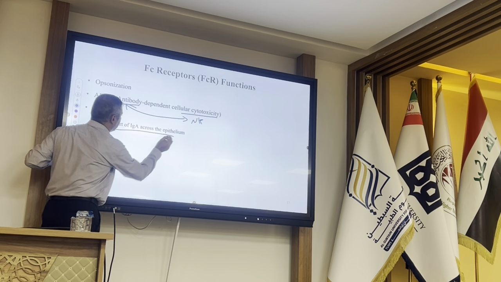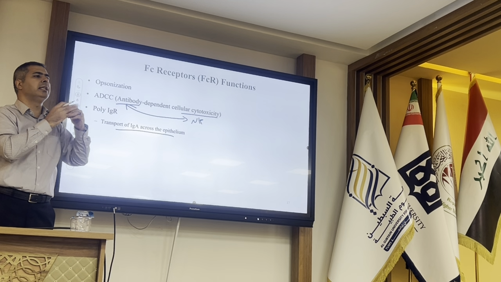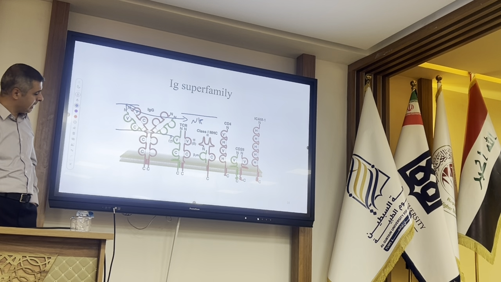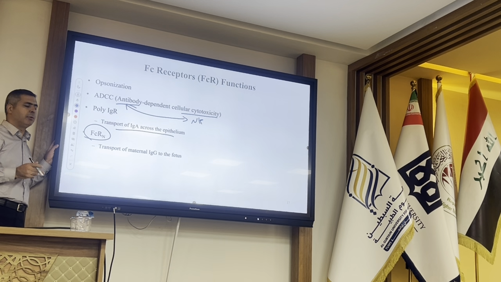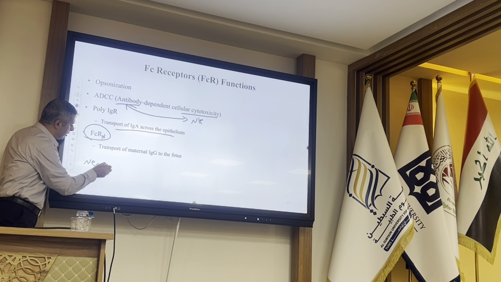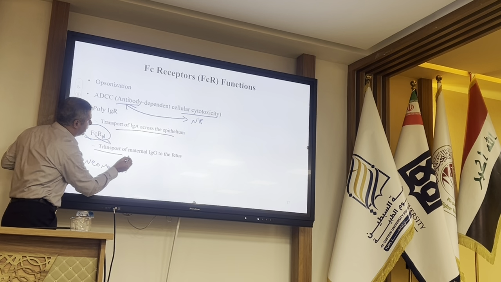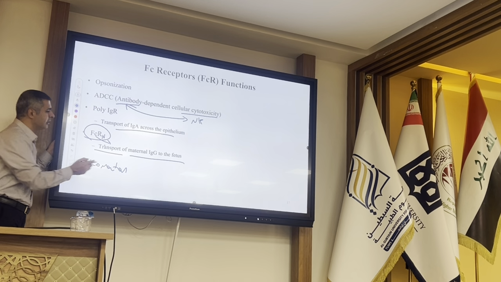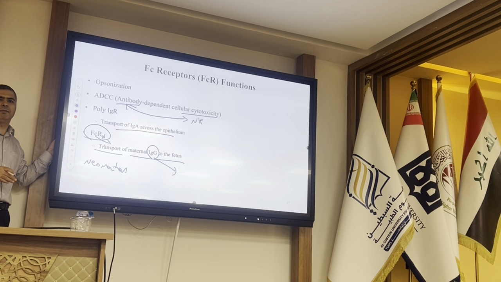Another one is the presence of antibody in the epithelium, in the surface barrier. I'll talk about IgA in the surface barrier, in the mucosal surfaces, completing the barrier immunology. There is a very important receptor for the antibody, which is called the neonatal Fc receptor. This is responsible for the transportation of maternal IgG to the fetus. From those classes of antibody, just IgG can pass the placenta and go to the body of the fetus.